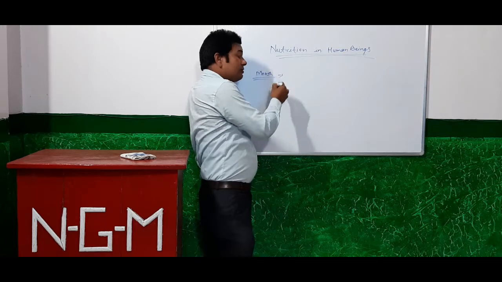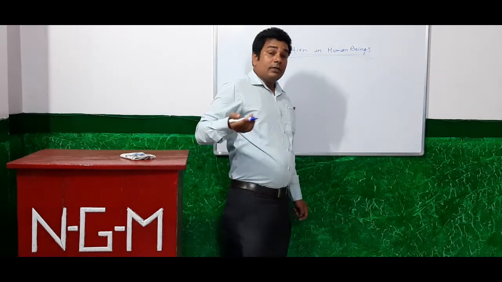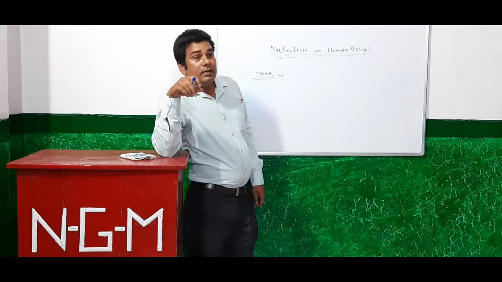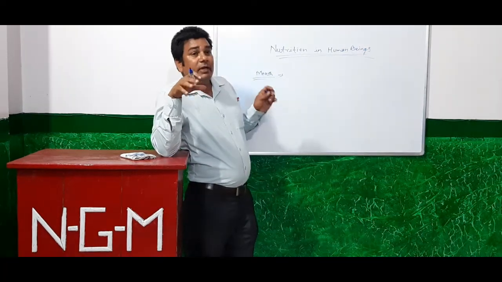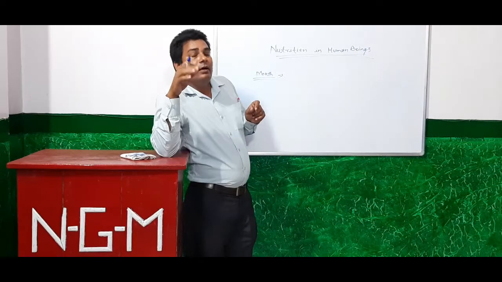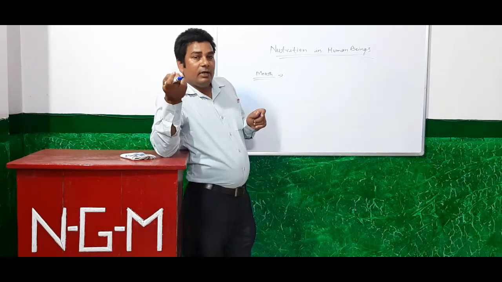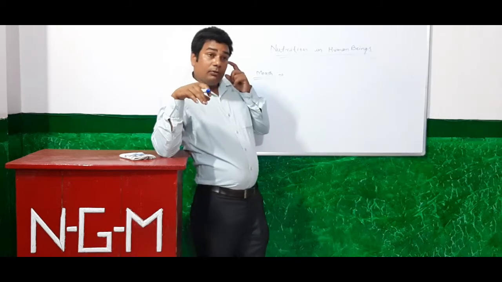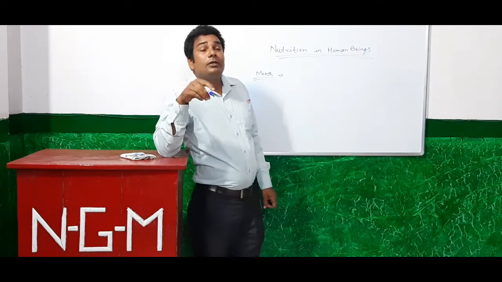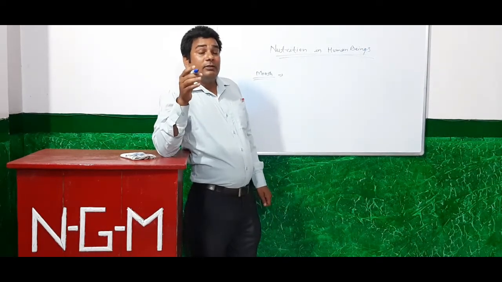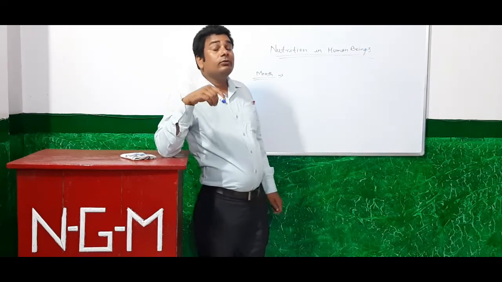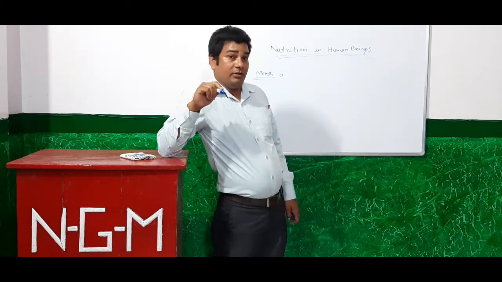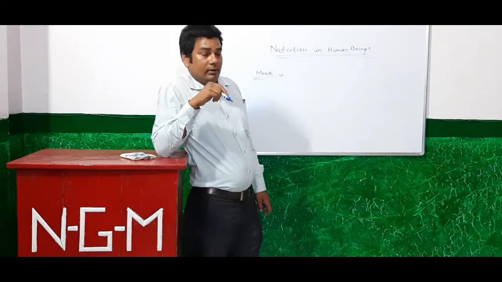So in mouth, both types of digestion take place, physical and chemical. Chemical digestion means mixing of saliva which contains salivary amylase into food, and digestion starts here in our mouth, in which carbohydrates start to digest by the action of what? By the action of salivary amylase, which is present in our saliva.